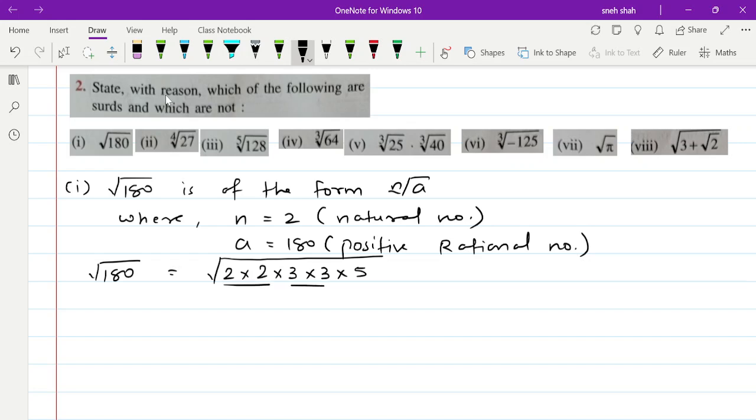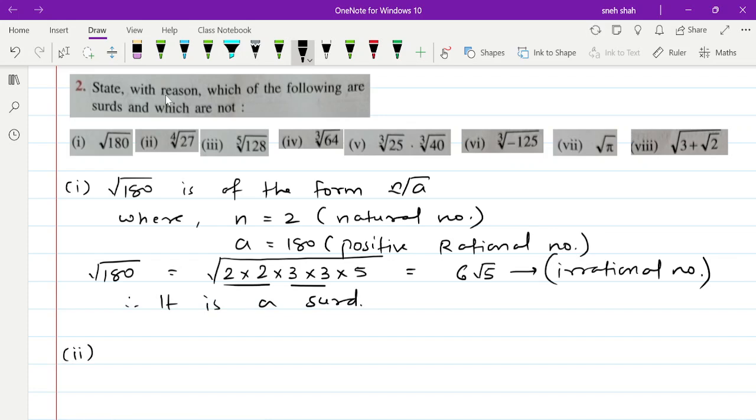Here the pairs will come out of the square root as 2 times 3, which is 6. So the final simplification will be 6 root 5. And as we can see, 6 root 5 is definitely an irrational number. Hence the third criteria also is satisfied, and we say that it is a surd.